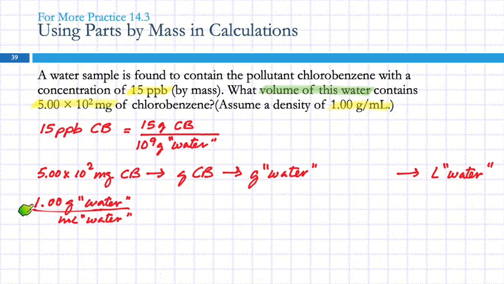My density relates grams of water to milliliters of water, so that would allow me to convert to milliliters of water. And then I can use my knowledge of metric units to convert that to liters.